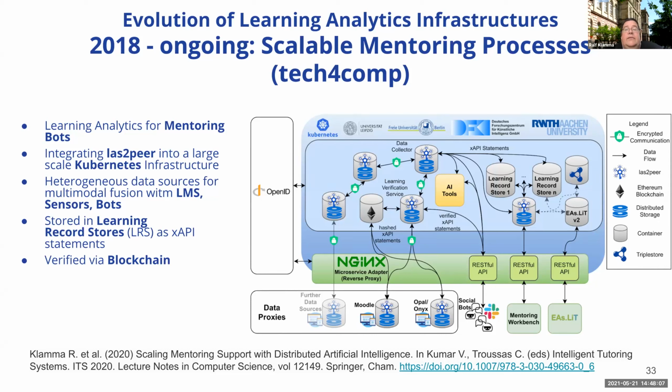That is partly a picture of the infrastructure you have now here with the OpenID Connect and the Lasta Peer, all managed by Kubernetes. So we can get data and fuse them from learning management systems, from sensors, from bots, as Peter rightly said. We can store them in learning record stores as xAPI statements, and we can also verify all the transactions between the learning management system, the bots and the infrastructure via a blockchain approach. So that is all the current state.